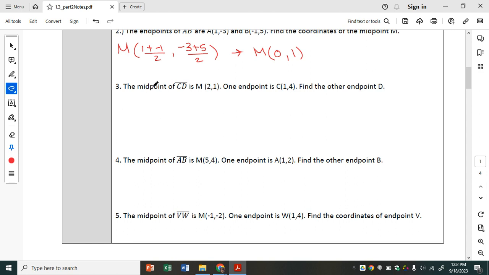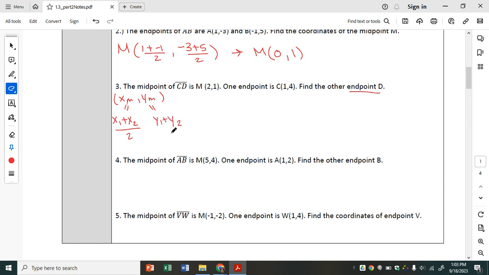On number 3, it says the midpoint of CD is at 2, 1. We know one of the endpoints, C, is at 1, 4. We have to find the other endpoint. Okay, we had said the x value of our midpoint and the y value of our midpoint was just taking the average of our x's and the average of our y's.